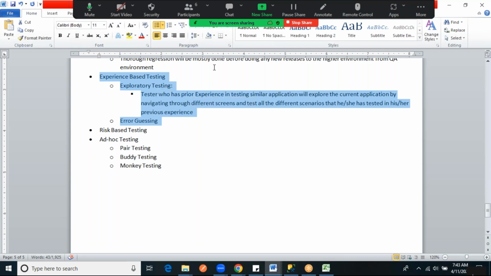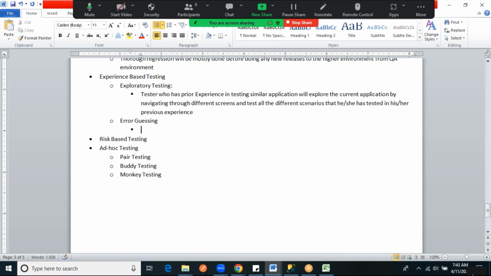While you are writing the test cases, your experience will help you in identifying different scenarios and writing the test cases. Okay, error guessing, what is that?